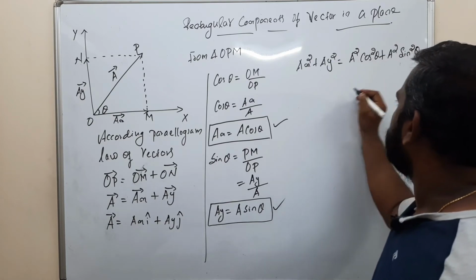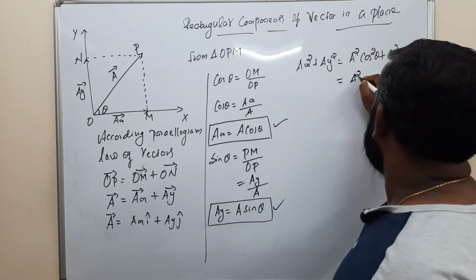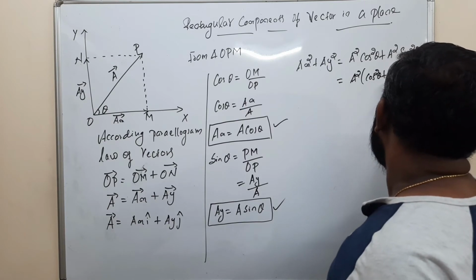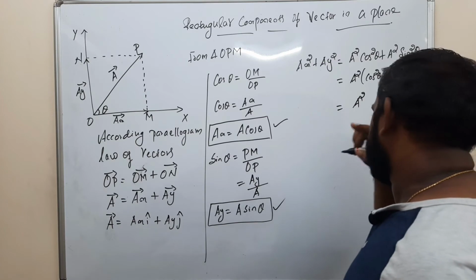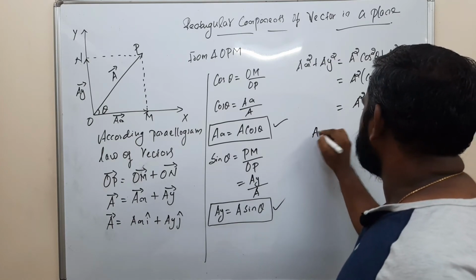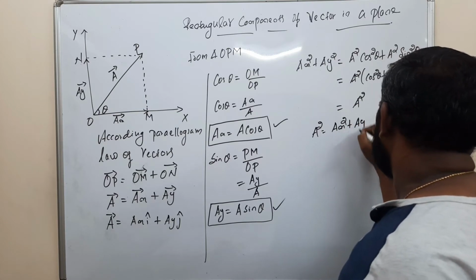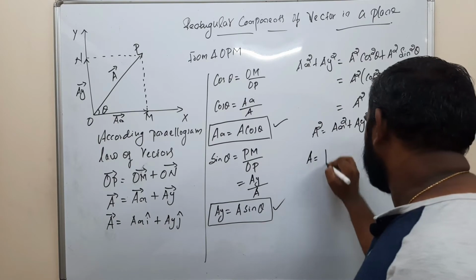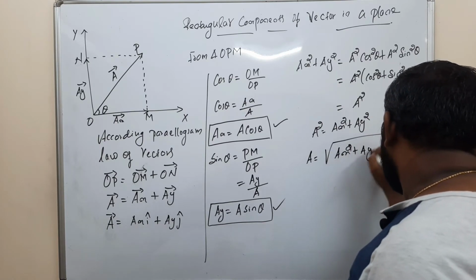Take A square outside, cos square theta plus sin square theta is 1. So that's equal to A square. So A is equal to the square root of Ax square plus Ay square.